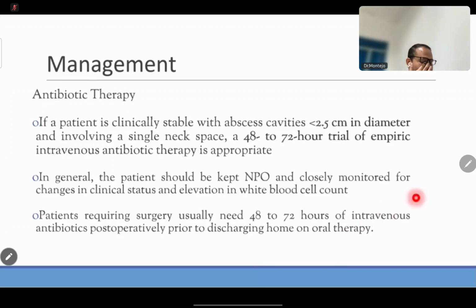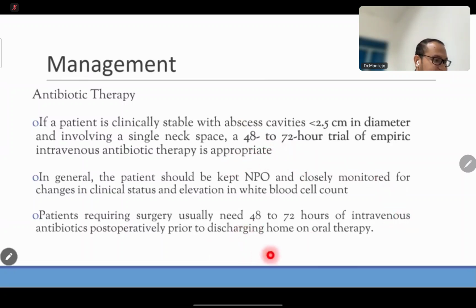So when do we step up empiric therapy? So actually we start our medical management for abscesses less than 2.5 cm in diameter and involving only a single neck space. So we give it a trial of empiric therapy, 48 to 72 hours.